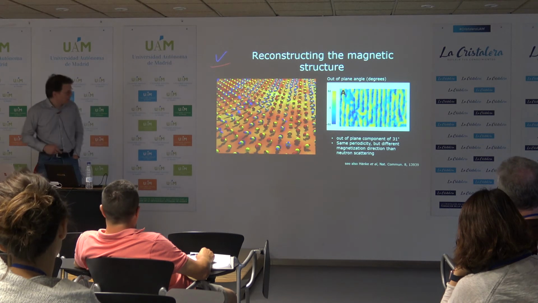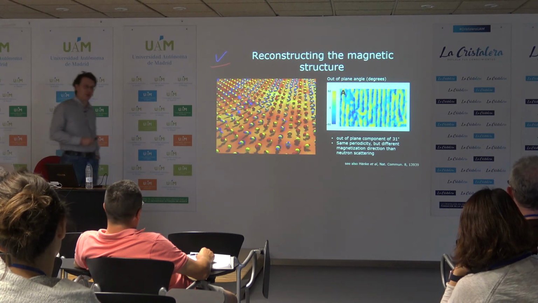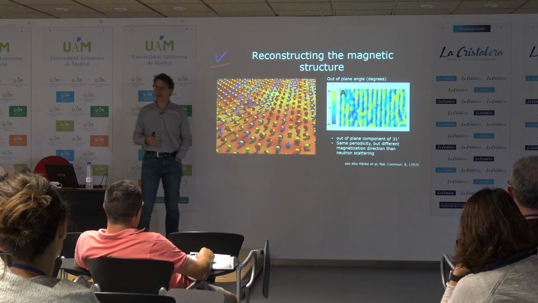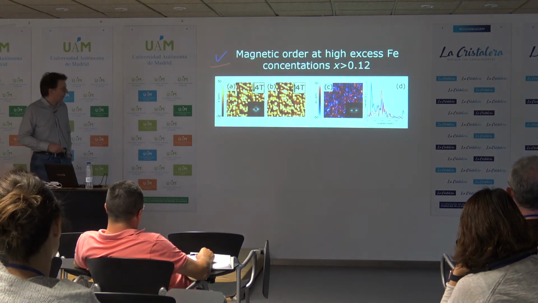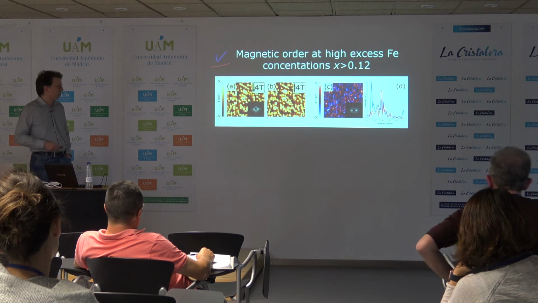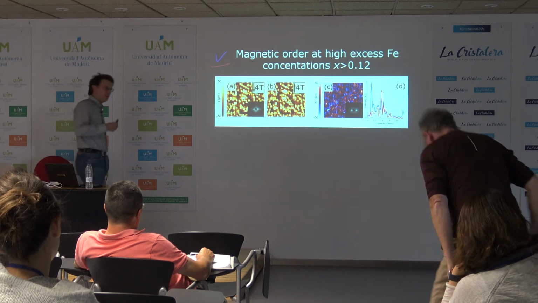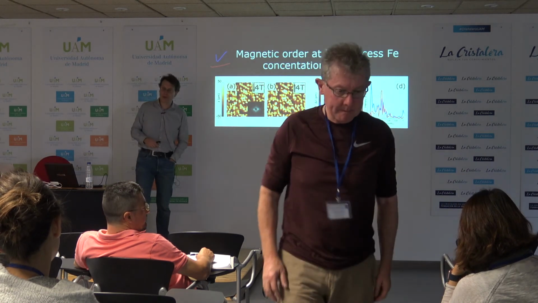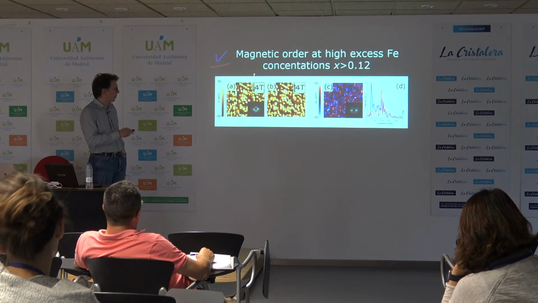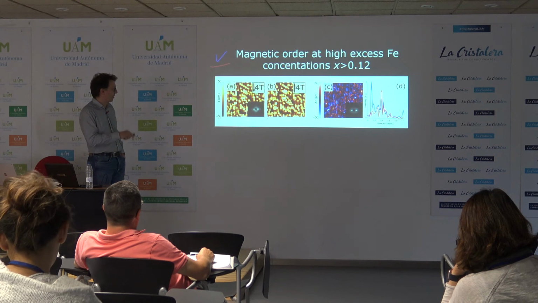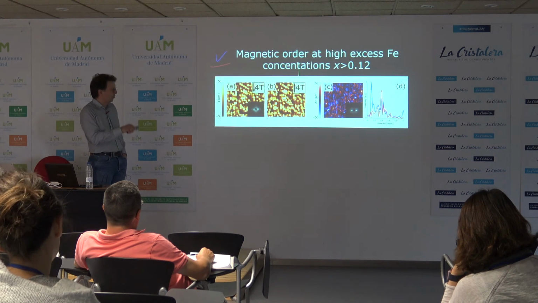Okay, let's go to higher excess iron concentrations. I mentioned to you that at higher excess iron concentrations, the magnetic order gets more complex. So at 12% excess iron concentration, according to neutron scattering, we should get into a helimagnetic incommensurate phase. These are again images at plus and minus 4 Tesla, now along the direction of these stripes.